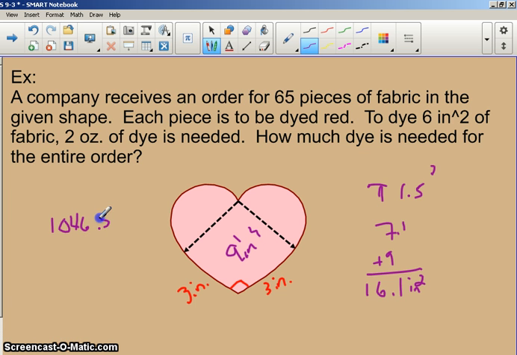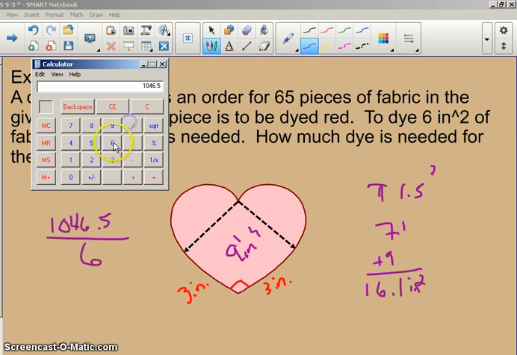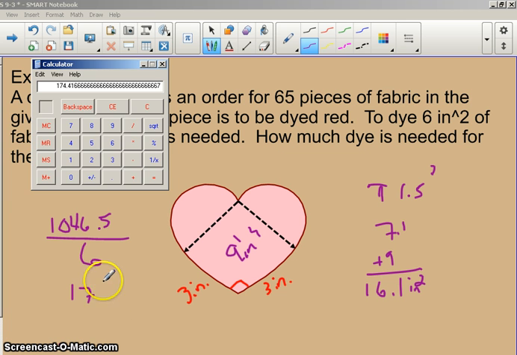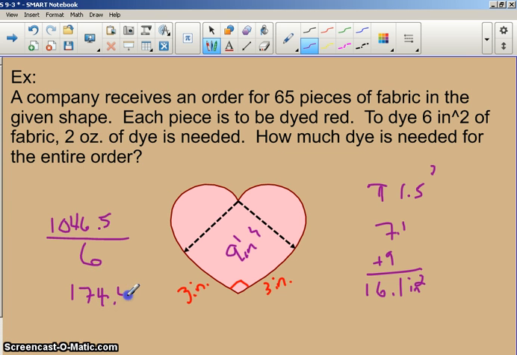1,046.5. Okay. Well, for every 6 inches of that, we need 2 ounces. So we're going to go ahead and divide that by 6, and that's going to give us 174.4 6-inch pieces that we need.